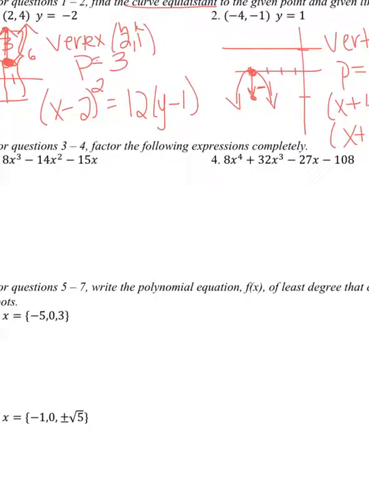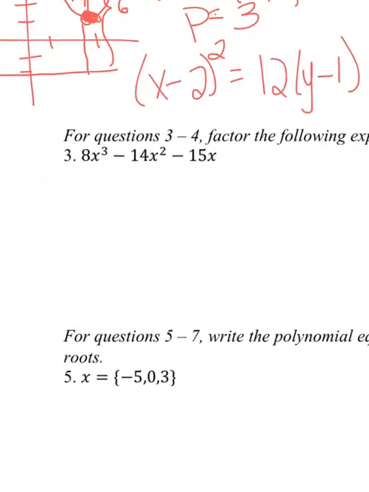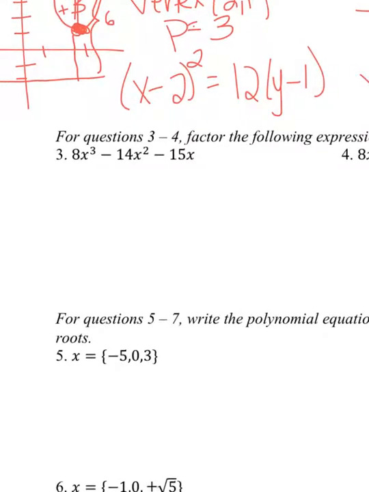3 and 4 are about factoring, and again, when we factor, we're going to do it completely, meaning that there's nothing else that you can do. So first to factor, you always look for a GCF. Here my GCF is x, and I'm left with 8x squared minus 14x minus 15. The x is obviously done, but then inside here I can do master product.